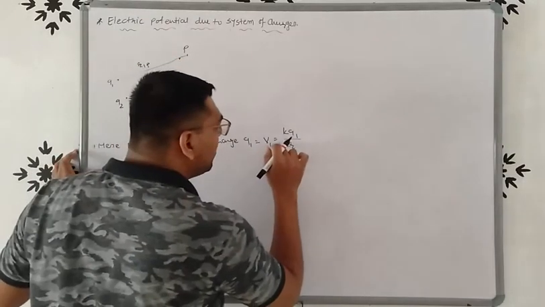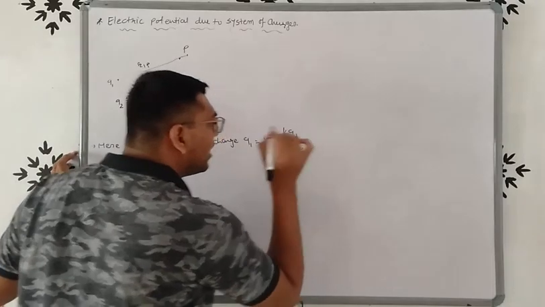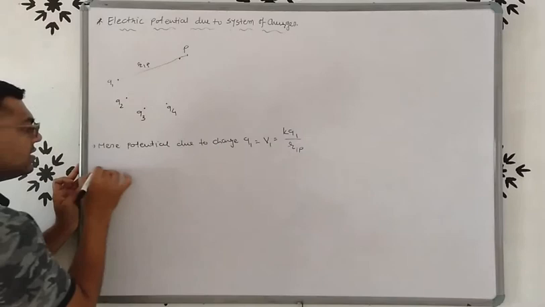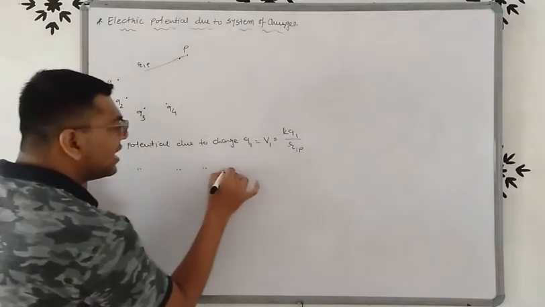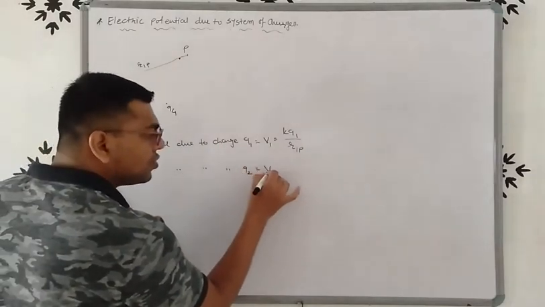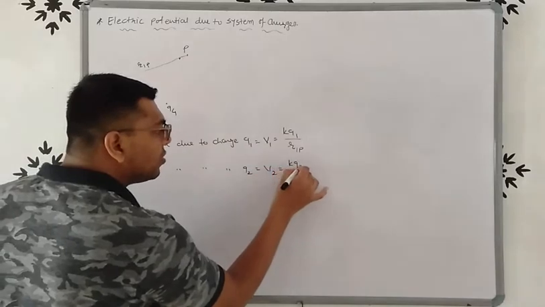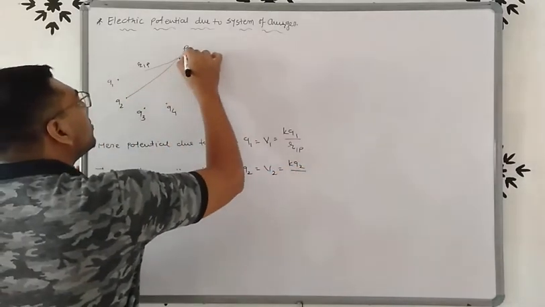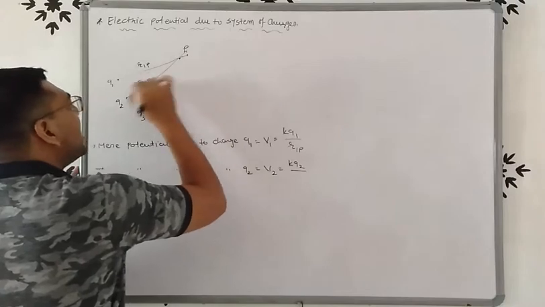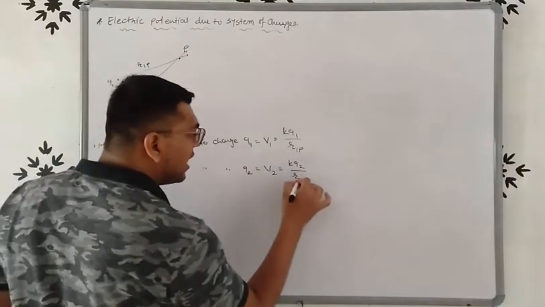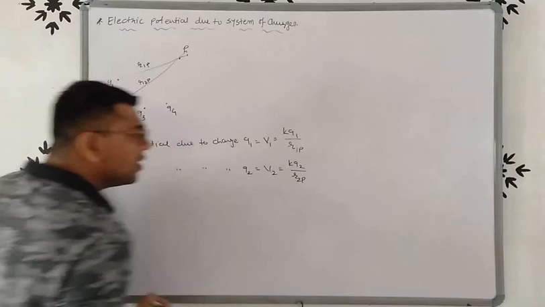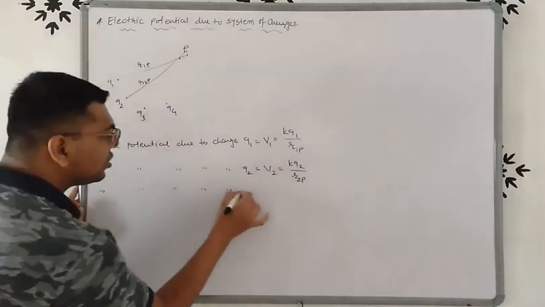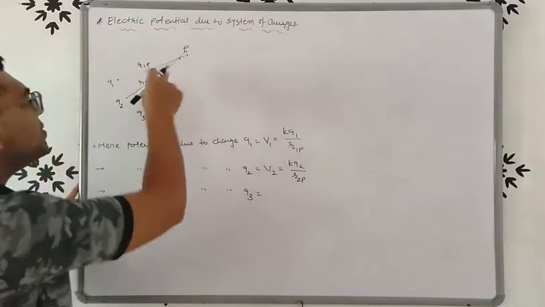So V1 is equal to Kq1 upon R1P. Now the potential due to charge Q2 is V2 equal to Kq2 upon R, and the distance between Q2 and P is R2P, so Kq2 upon R2P.